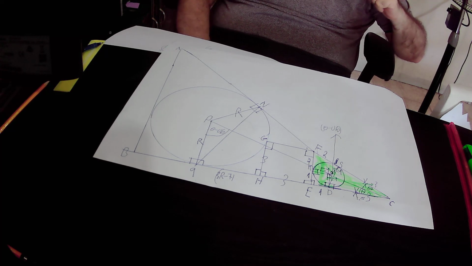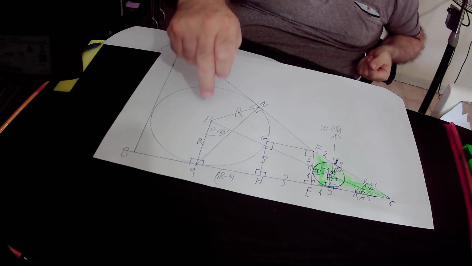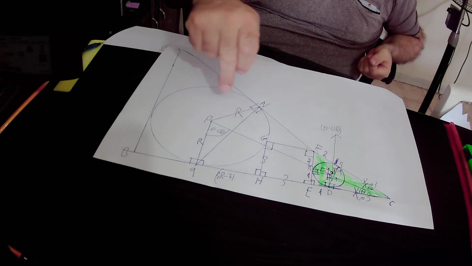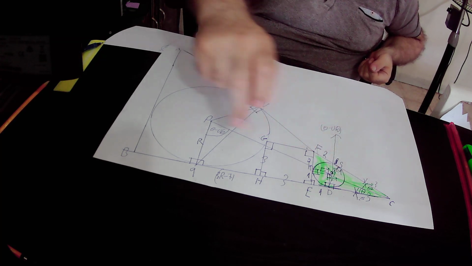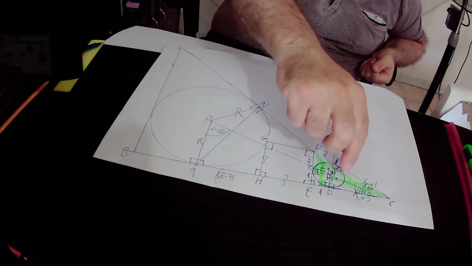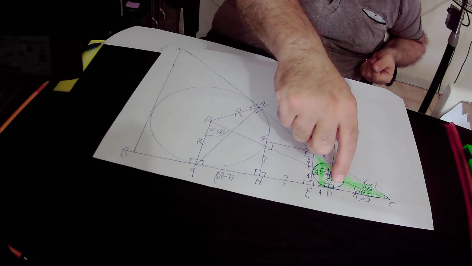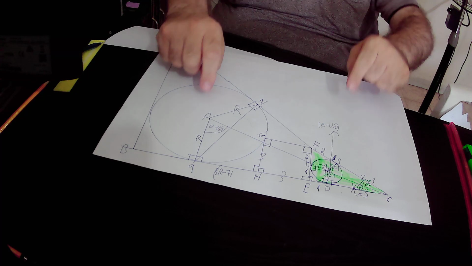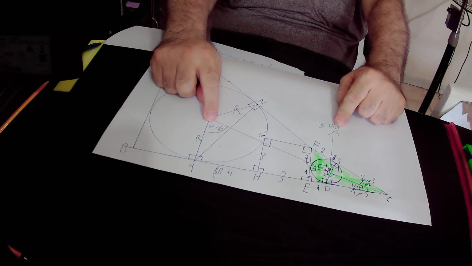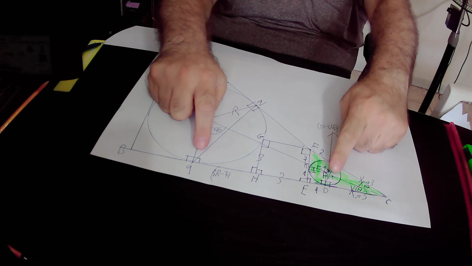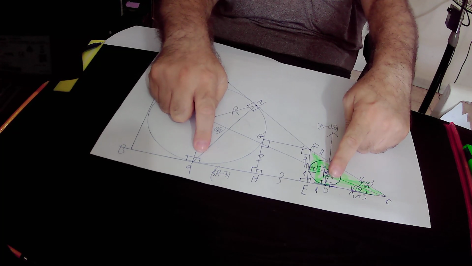Then we proved that the big right triangle PQC is similar to the small right triangle ODC. First of all, those two angles are both equal to 90 degrees minus theta, therefore they are equal to each other. In addition, those two angles are both equal to 90 degrees, therefore they are equal to each other.